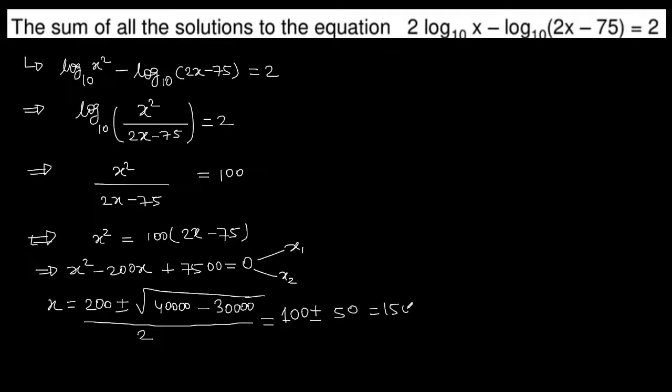This is 150 and 50. So if you put 150, 150 minus 75 is correct. 50 is also correct. We are checking whether it is valid on the argument or not. 150 is also correct. So the sum of the roots is nothing but 200, 150 plus 50. Got it?